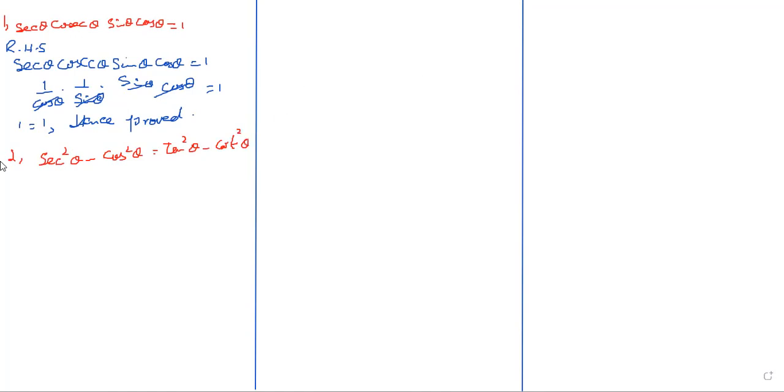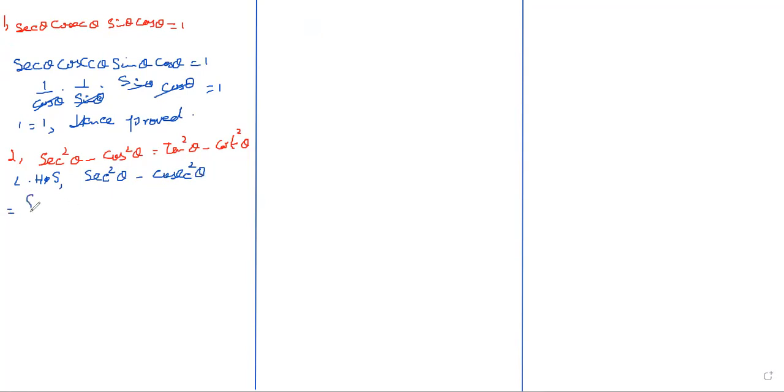Right. So taking left hand side again. So left hand side is secant square theta minus cosecant square theta.